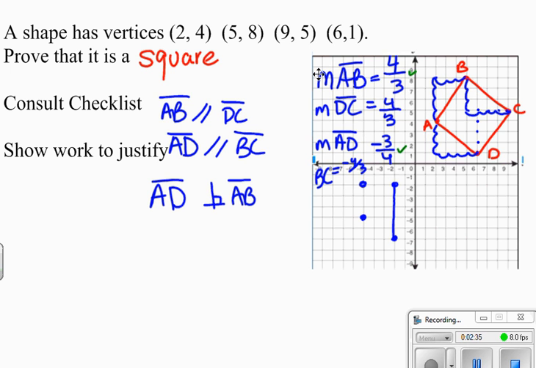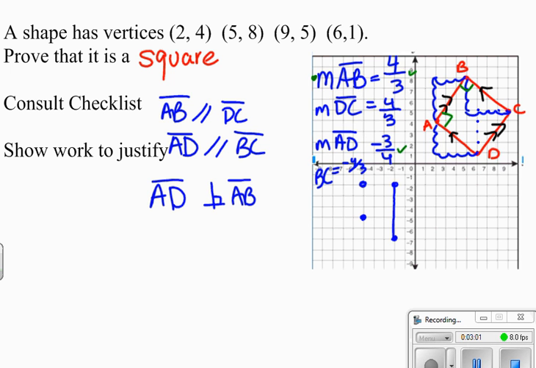Now, the way that we can show that in geometry is we're going to put little arrows pointing in the same direction. They both have 1, meaning that this segment here is parallel to this segment. These, with 2, are parallel to each other. And we also said that this was a right angle between AD and AB because of that opposite reciprocal slope. Well, the same is true also for AB to CD.